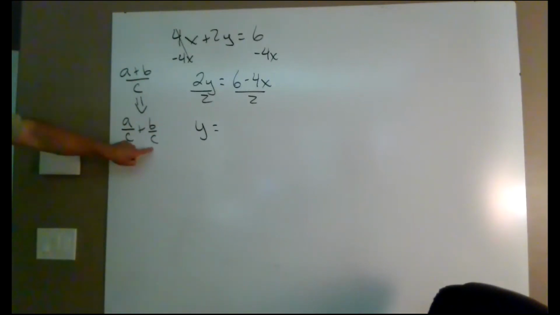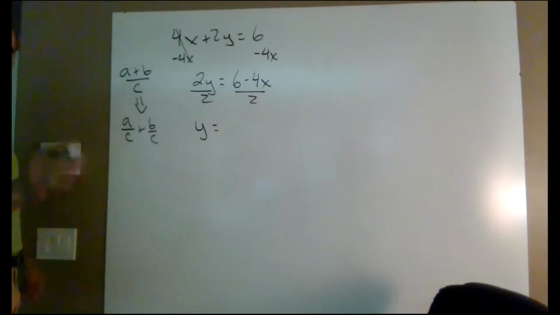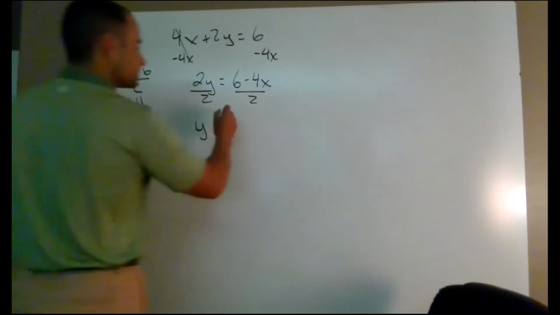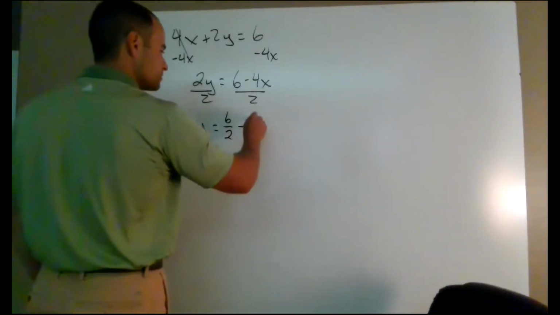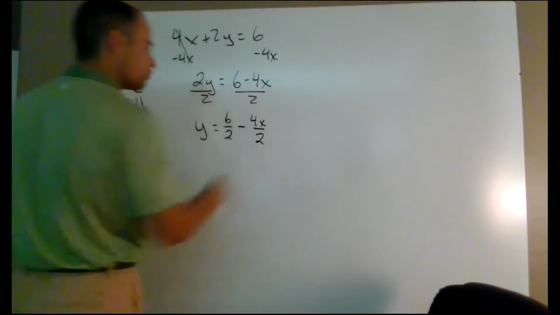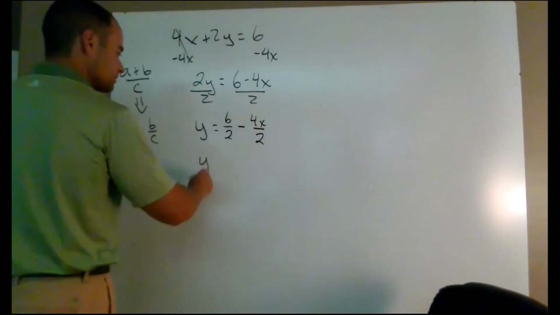In order for me to add them together, I need to have them over a common denominator. So once I get to a point like this, I can just kind of work myself backwards, and it might help me simplify it a bit more. So that I can rewrite this as 6 over 2 minus 4x over 2. And now I can reduce those a little bit easier.